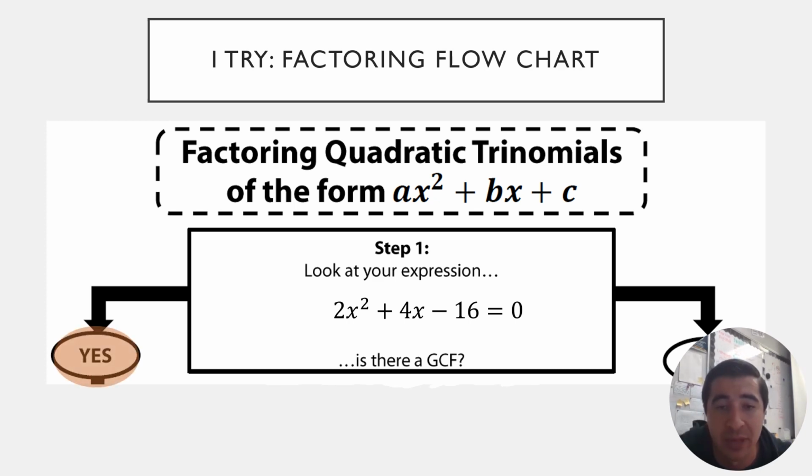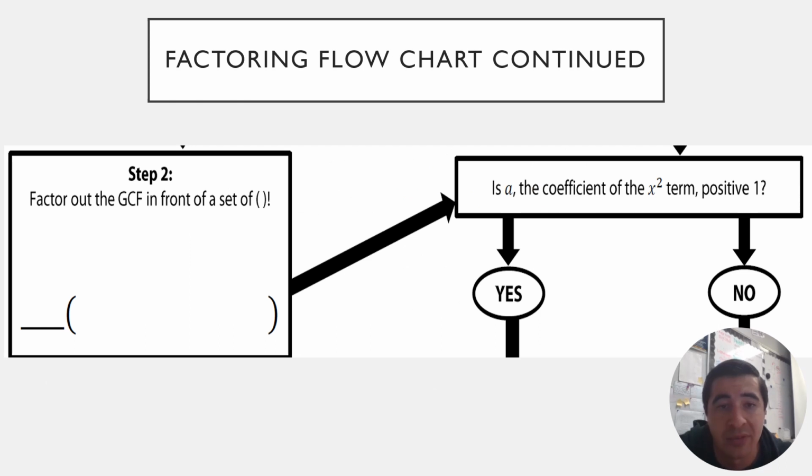Now moving down from yes, we have step 2, which is to factor out the greatest common factor in front of the set of parentheses. Meaning I would rewrite my equation here of 2x squared plus 4x minus 16. And then I would want to divide each term by 2.